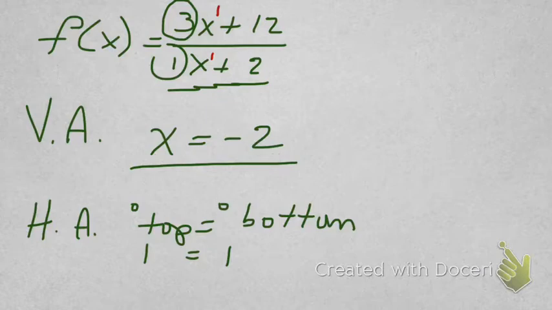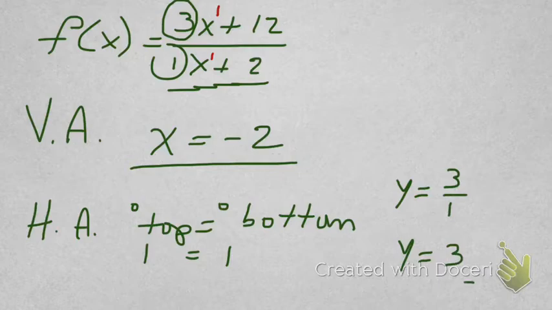If it's a horizontal boundary, we'll write it as the equation of a horizontal line, y equals 3 over 1. So y equals 3 is our horizontal asymptote. Since we have a horizontal asymptote, there will be no slant asymptote.